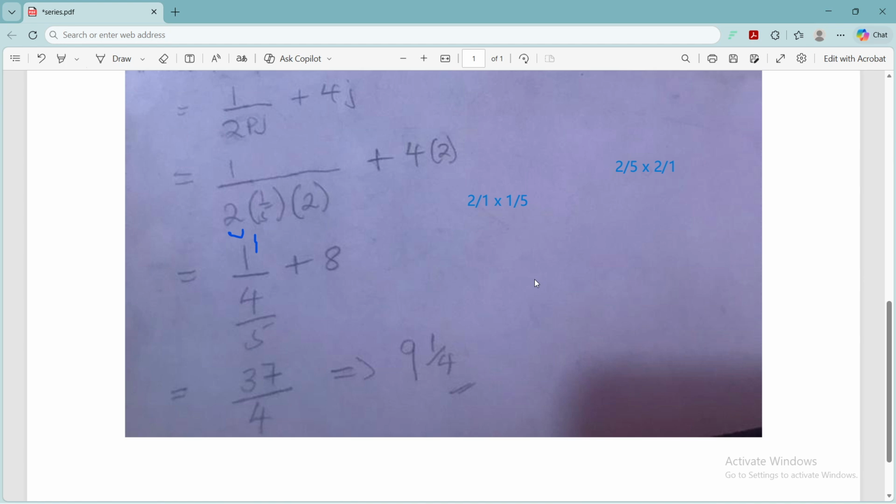So we are going to have 1 multiplying 1 will give us 1. Then 4 multiplying 5 will give us 20. So 1 over 20 plus 8, right? 8 is divisible by 1, right?